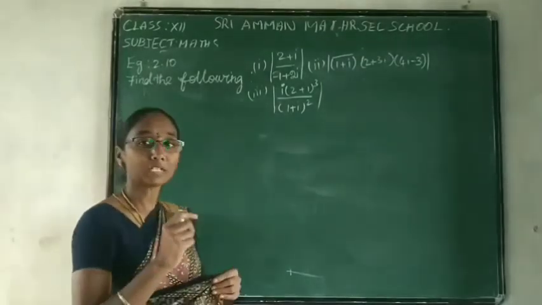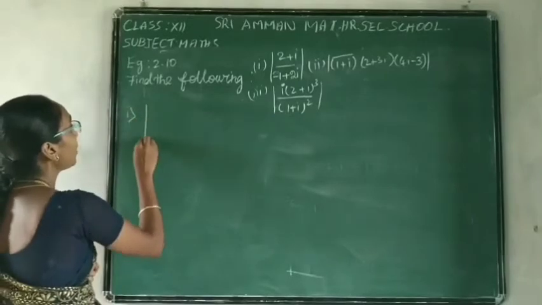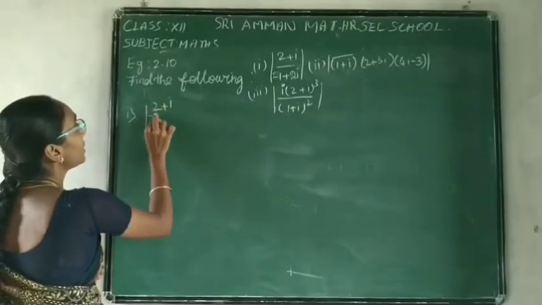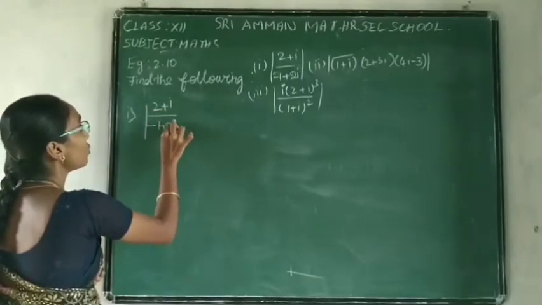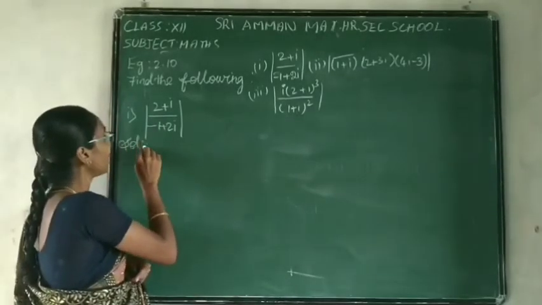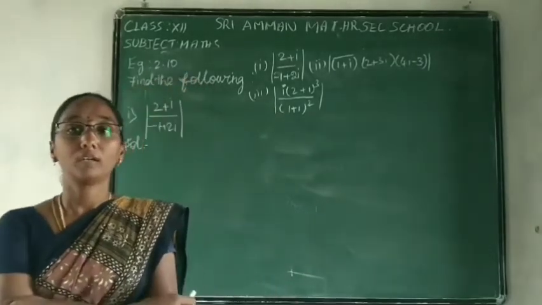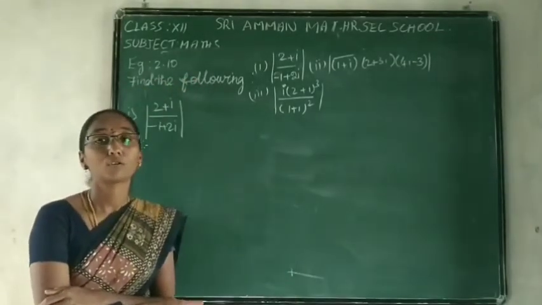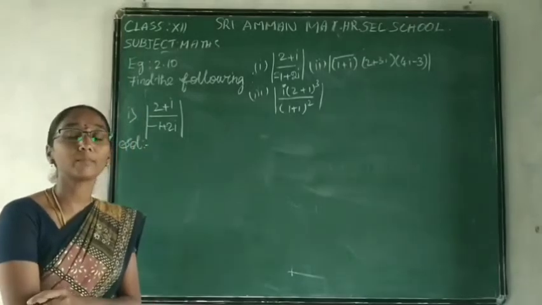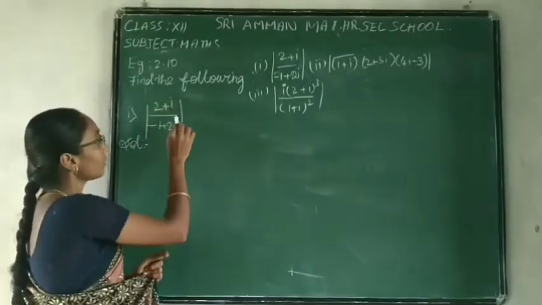The first one, modulus of 2 plus i divided by minus 1 plus 2i. For the solution, first of all we use the property we want to use. Consider this one as z1 and this one as z2.